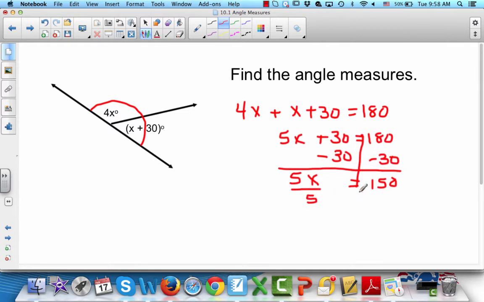Divide by 5. Let's extend this down a little bit. Divide by 5. x equals 30. So we know that x is 30, but you're not through yet because it says find the angle measures. So we come over here and we go 4 times x. We know x is 30, so we go 4 times 30, and we get 120 degrees. And we go x plus 30, that's 30 plus 30, and we get 60 degrees. And you check, 120 plus 60 adds up to 180.